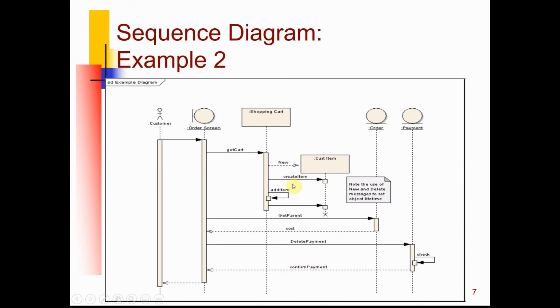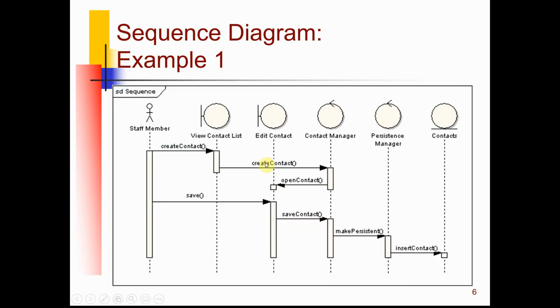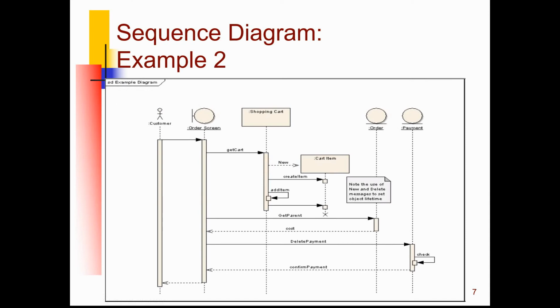Compared with the previous one, this one is a little more complicated. You have some uncategorized items, and here you can also create a new item. This item does not exist from the very beginning; it is being created, so here it is new.